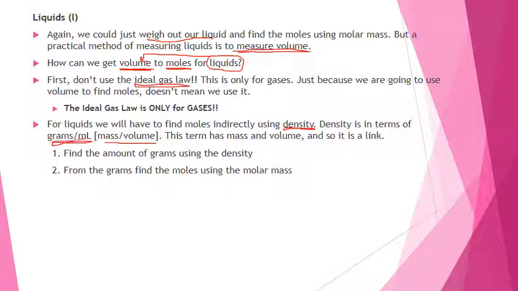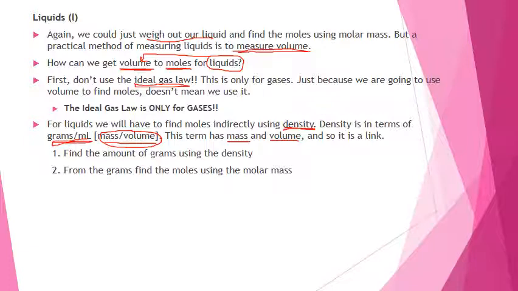Okay, so if you look at this relationship, mass and volume, this gives me a link. If I'm given volume, I can figure out the mass, because density gives me the relationship between mass and volume. And then once I know mass, I can use molar mass.